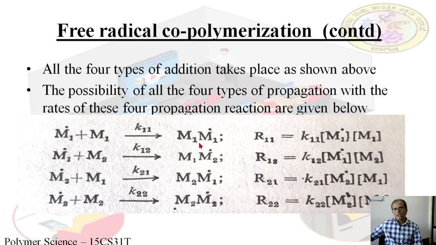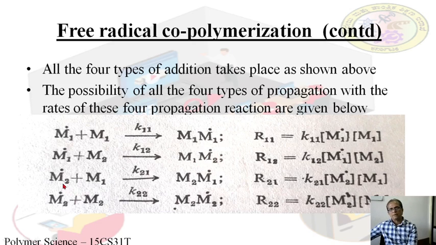It is going to yield M1 dot. Similarly, the other type, that is M1 dot plus M2, a different type, at the rate of K12 is going to form M1M2 dot.